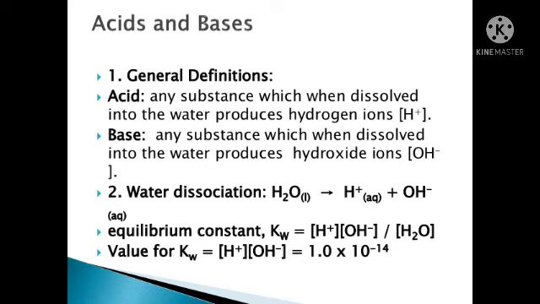Both OH minus and H plus ions are produced in water. The water molecule H2O dissociates into H plus ions and OH minus ions. The equilibrium constant Kw equals H plus times OH minus. Here, the constant value for water is 1.0 times 10 to the power of minus 14.